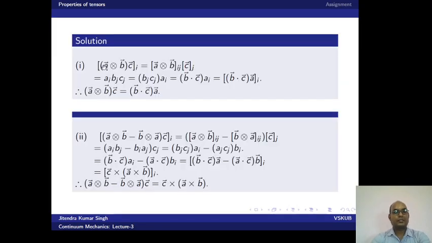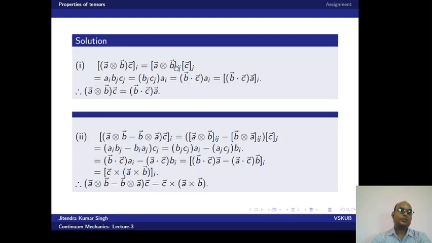Since we know the tensor product of two vectors is a second order tensor, this a b is a second order tensor, and you know that the product of a second order tensor with a vector is a vector. We have already proved this. So overall, the tensor product of a b with c is a vector. Its ith component is equal to the tensor product of a b, its ij component, and vector c, its jth component.